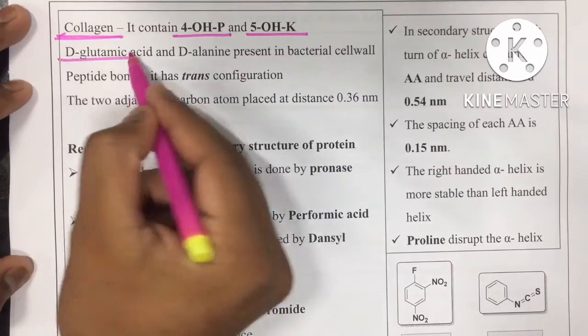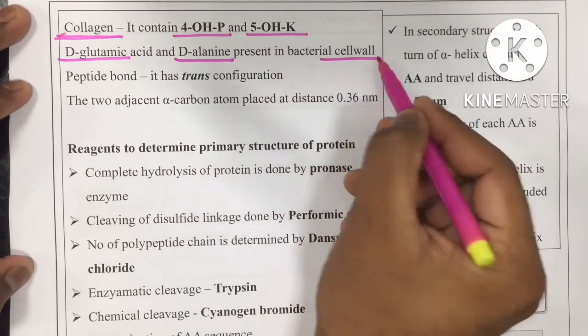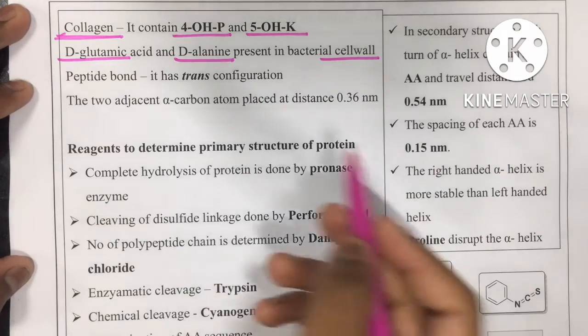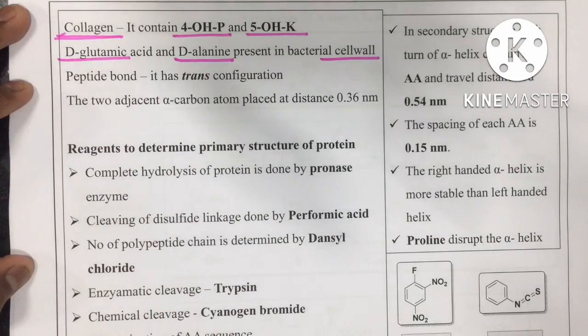Then D-glutamic acid and D-alanine are present in the bacterial cell wall. As we know, D-alanine is present in the bacterial cell wall, and penicillin and others inhibit cell wall synthesis, right? So the cell wall contains D-alanine and D-glutamic acid.